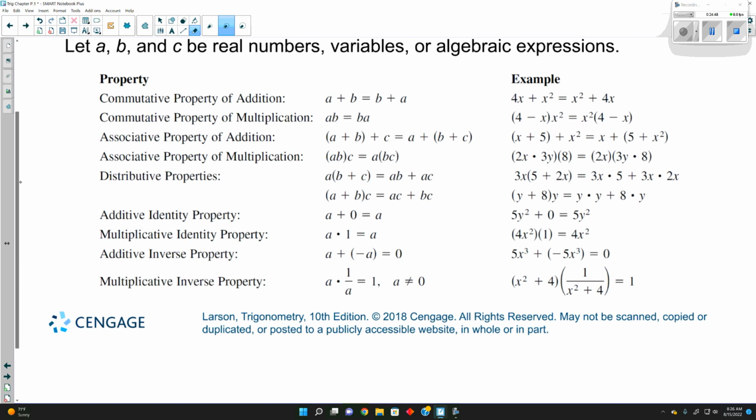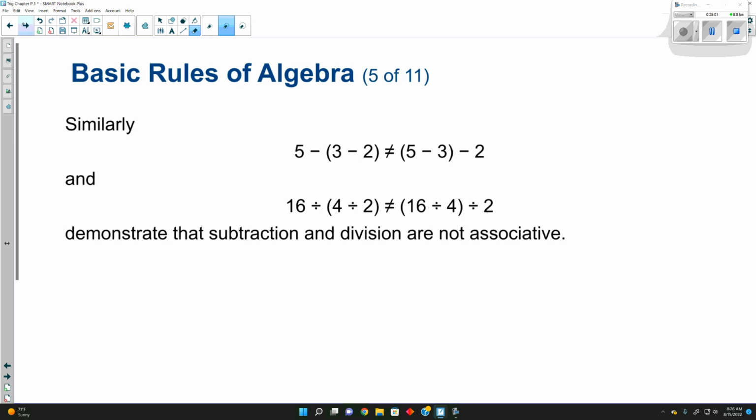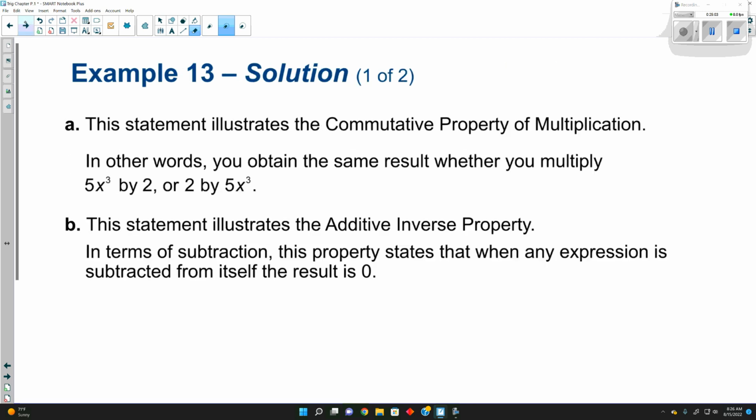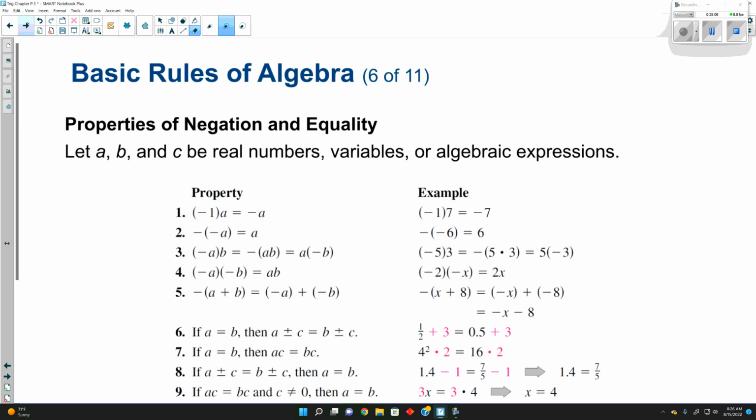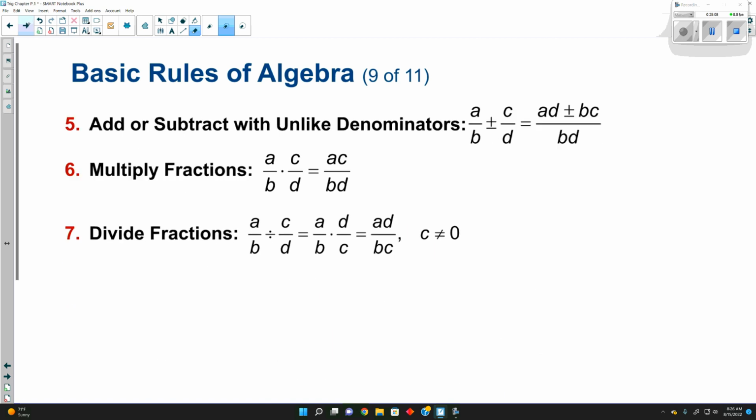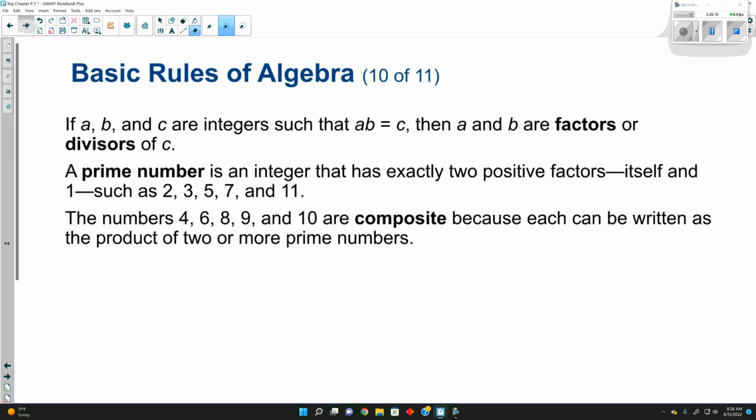The additive identity property: if you add 0 to anything, you come back up with what you had originally. Multiplication, it's with 1. And most of these here you are very familiar with. I'm not going to bore you all with all of these properties here.